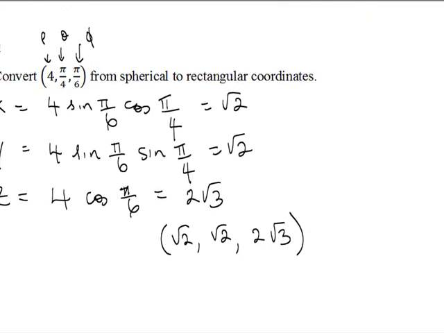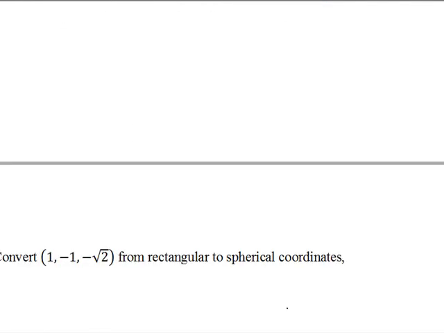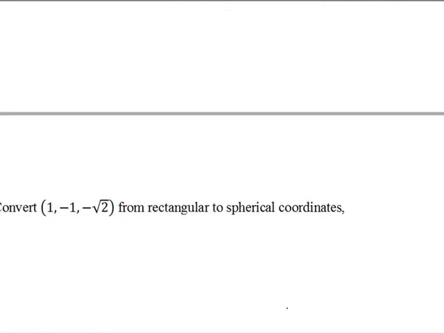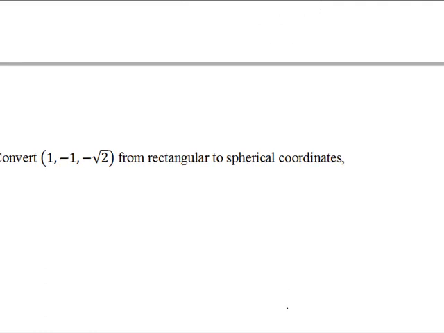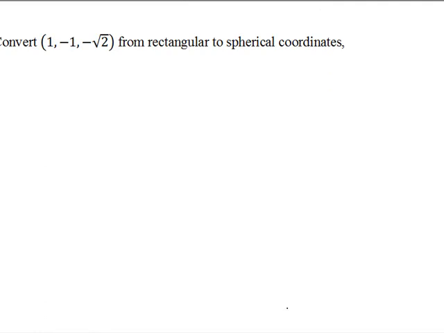Okay, next one. Now we're going to convert from rectangular to spherical coordinates. Again, use the x and the y to find your theta. x is 1, y is minus 1, z is minus square root 2.